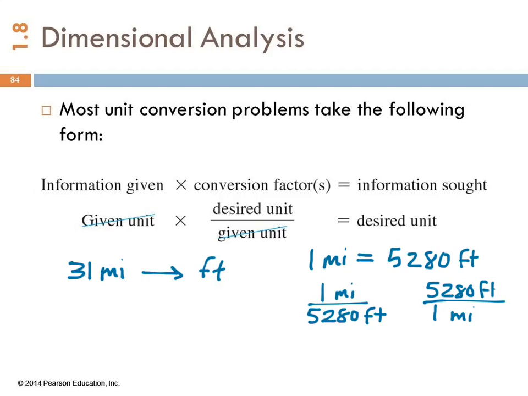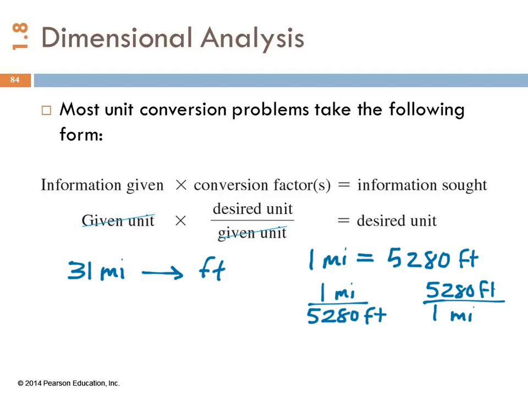Both of those are equal to 1 because the top equals the bottom. A distance of 5,280 feet is the same as the distance of 1 mile. Notice that we have to keep the 5,280 with the feet. We can't say that 1 foot is 5,280 miles because that's ridiculous, isn't it? A foot is just really short and a mile is long.